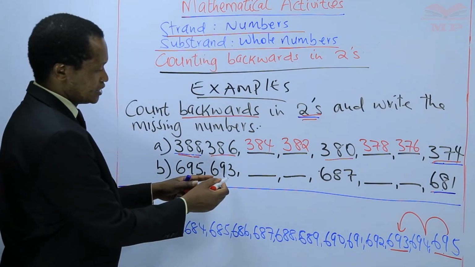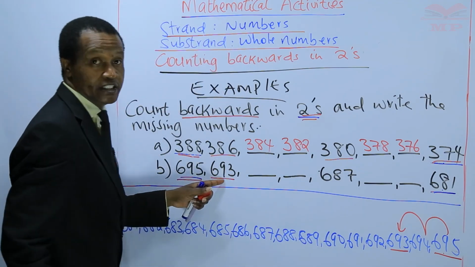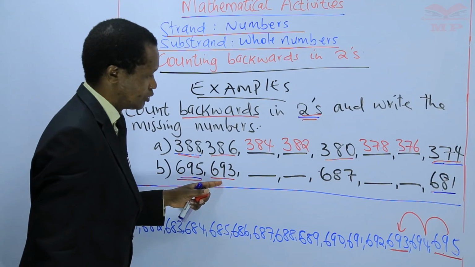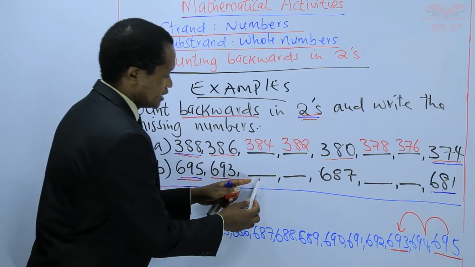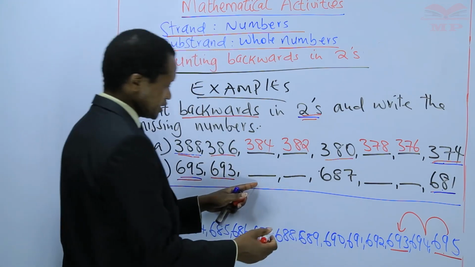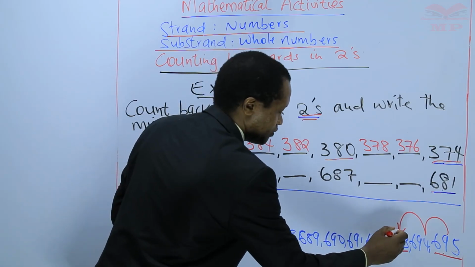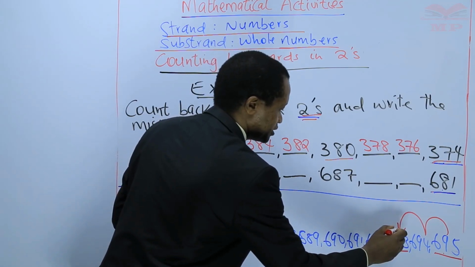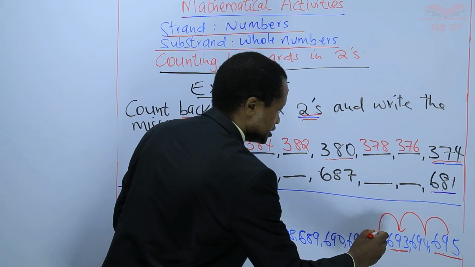You can see, learners, 693 is not missing. So we move on to the next number which is missing. We come to 693 and move back 2 times, 1, 2.